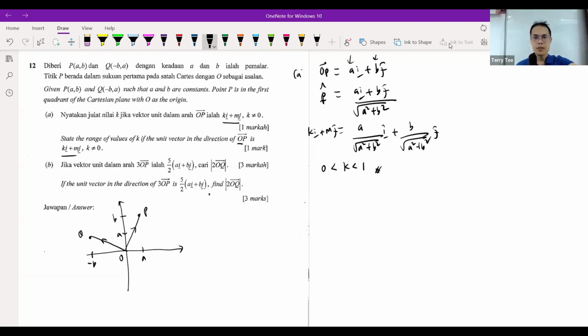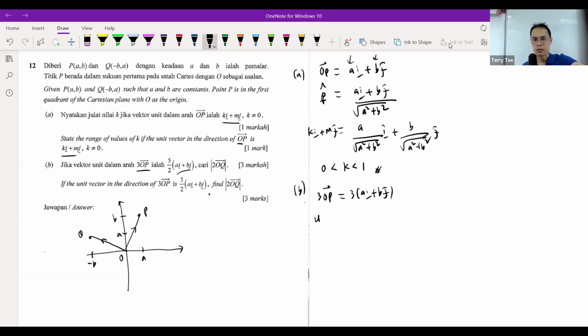All right, part B. So if the unit vector in this direction of 3OP is this, find 2 times the magnitude of 2OQ. Okay, so first of all, what is vector 3OP? OP by itself is 3 times (ai plus bj). Don't need to expand.